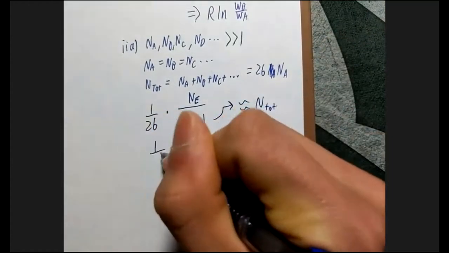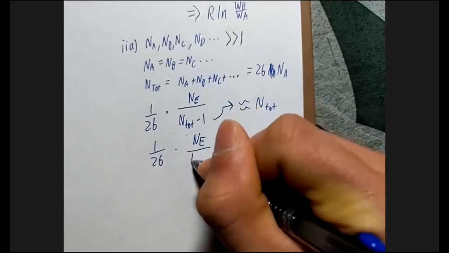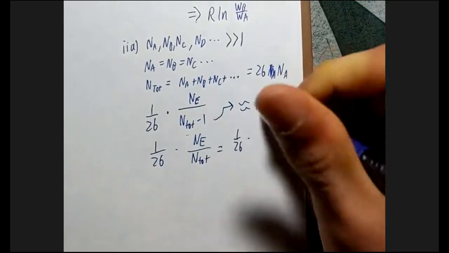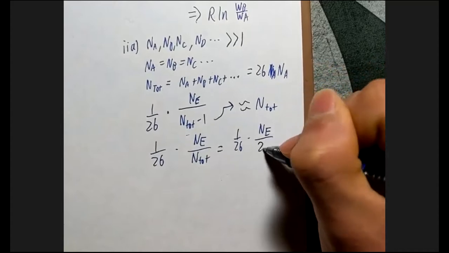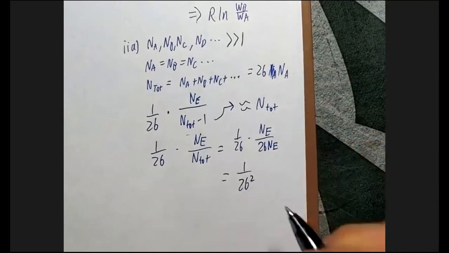So you really have 1 over 26 times N_E over N total, which is equal to 1 over 26 times N_E over 26 N_E, and then 1 over 26 squared.